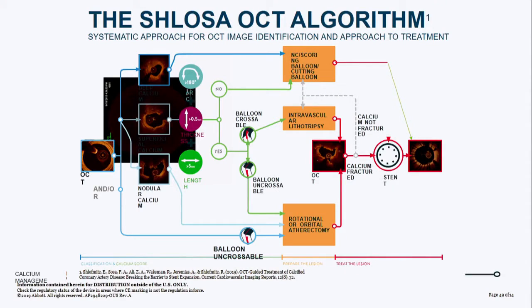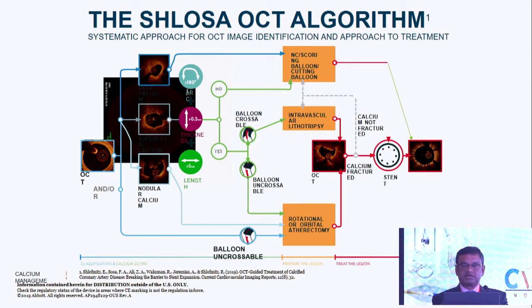And also, as Ajit showed in one of his cases, after rotational atherectomy, the cutting balloon or the scoring balloon would be used to further modify the plaque.